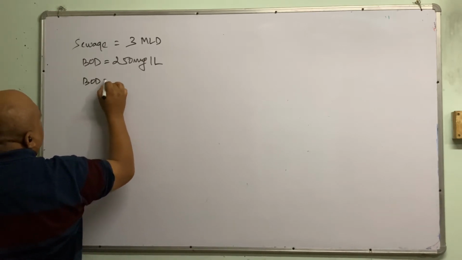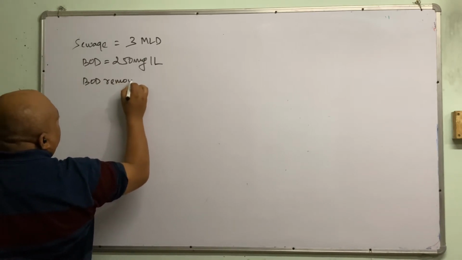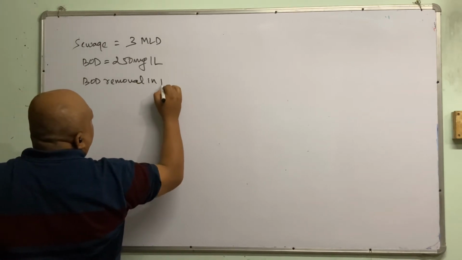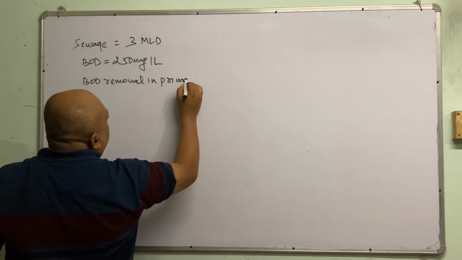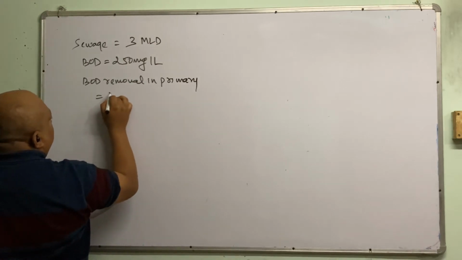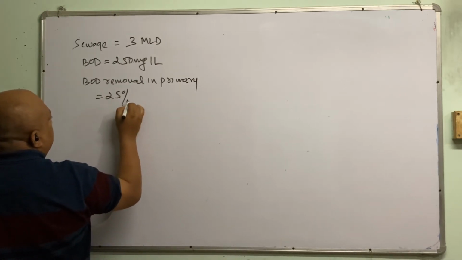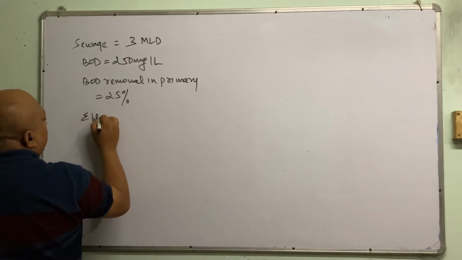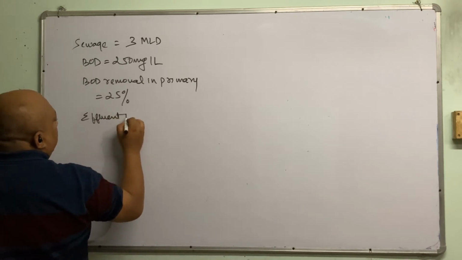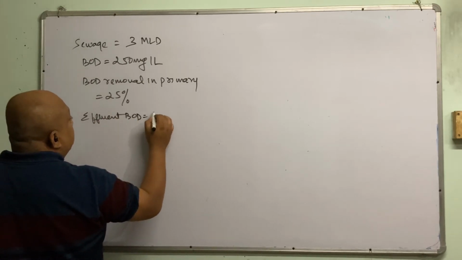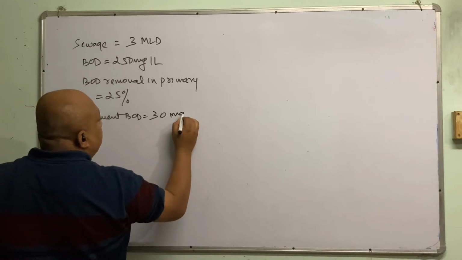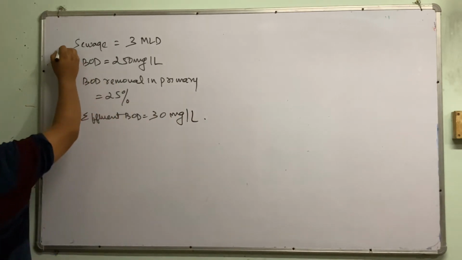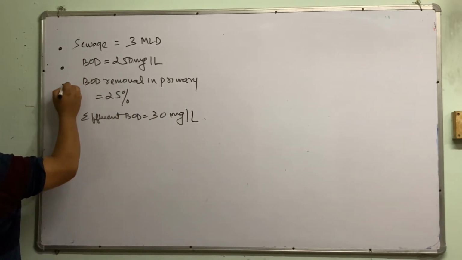BOD removable in primary is equal to 25%. Effluent BOD, that is the permissible, is 30 milligram per liter. These are the given data.